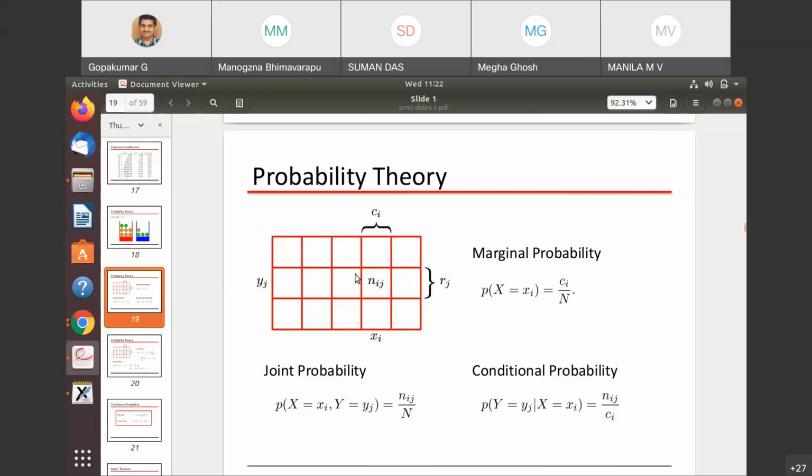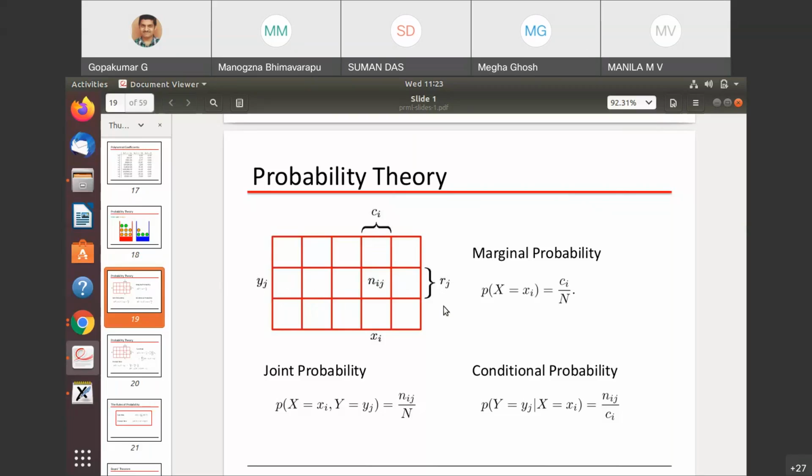Similarly, if you look at the random variable y, let us say that rj is the total where the random variable y takes the jth value.